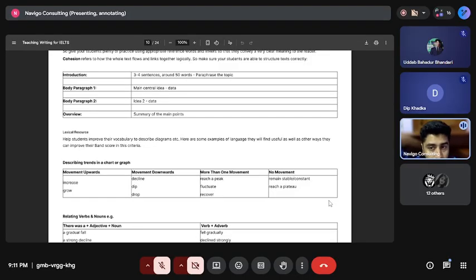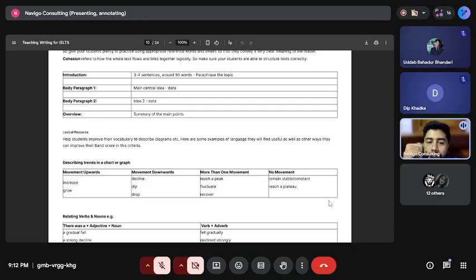So if you are describing a trend in a chart or a graph, if the data is moving upwards, you are going to use words like increased, grew, grow, right? And if it is downwards, you are going to write decline, dip, dropped, right?